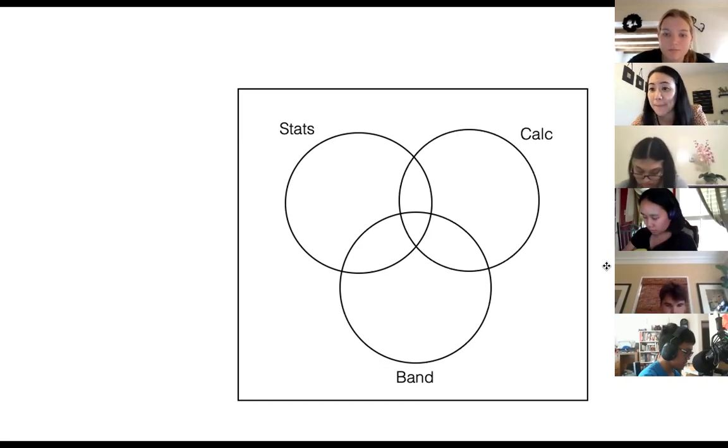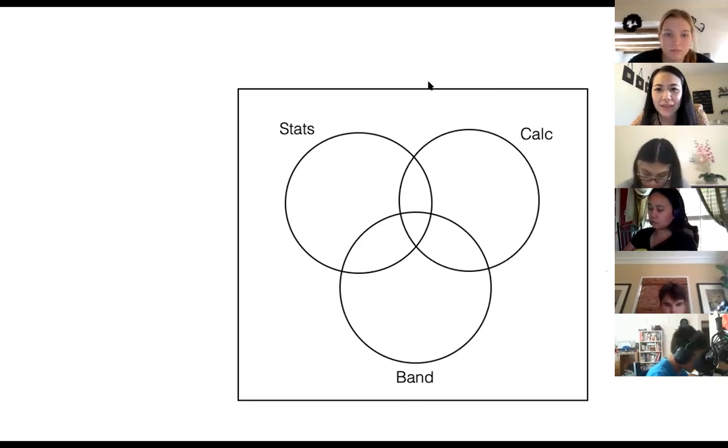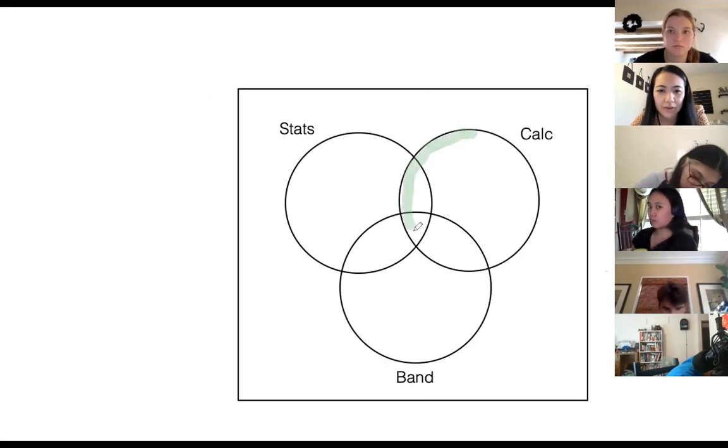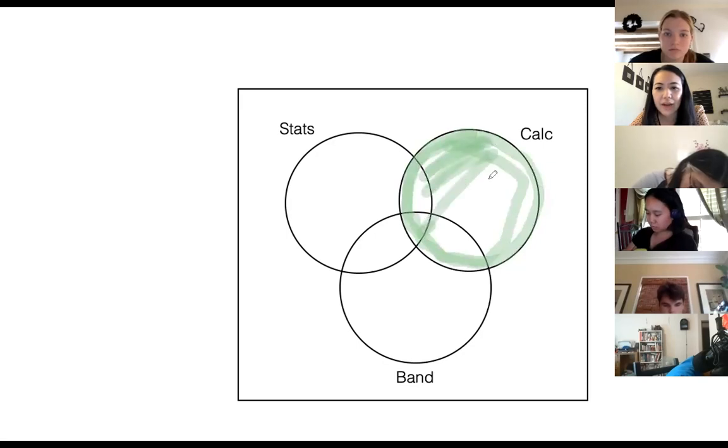When I'm thinking of calculus or band, that means anything in my calculus circle, which is all of that, or anything in my band circle.